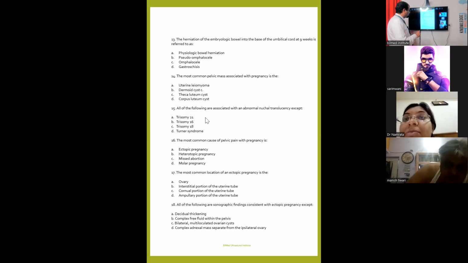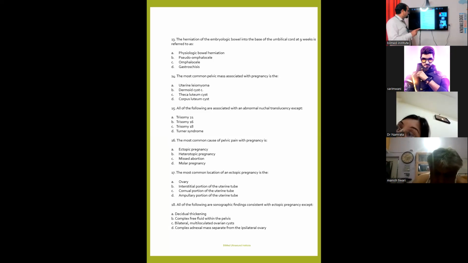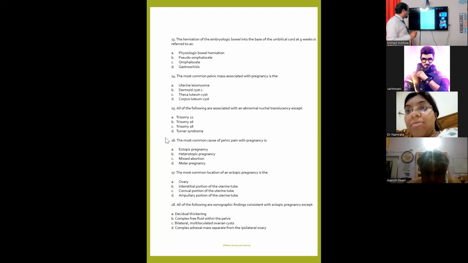A is trisomy 21, B is trisomy 16, C is trisomy 18, and D is Turner syndrome. A, B, C, D for 15th. 5 more seconds. See, except is here. All of the following are associated with an abnormal nuchal translucency except.